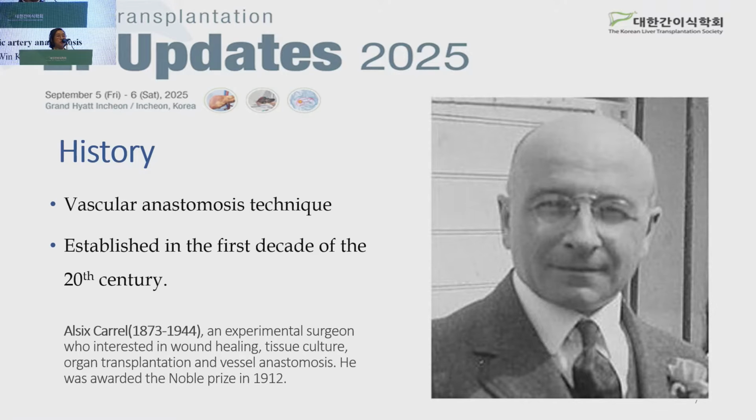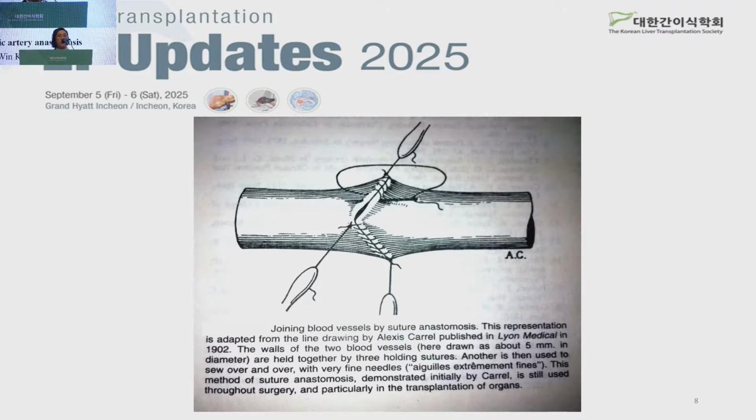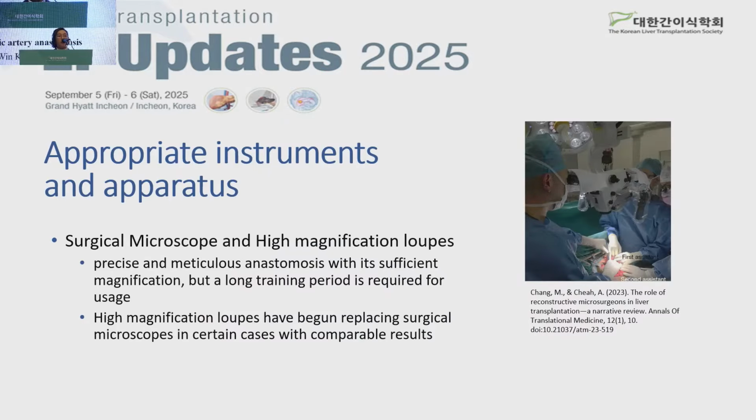Before the main topic, I would like to say a few things for junior people, like history, apparatus and instruments. History: as you know, vascular anastomosis techniques were established in the first decade of the 20th century. There's Alexis Carrel; these are Carrel's techniques. For appropriate instruments and apparatus, we use customized loupes.